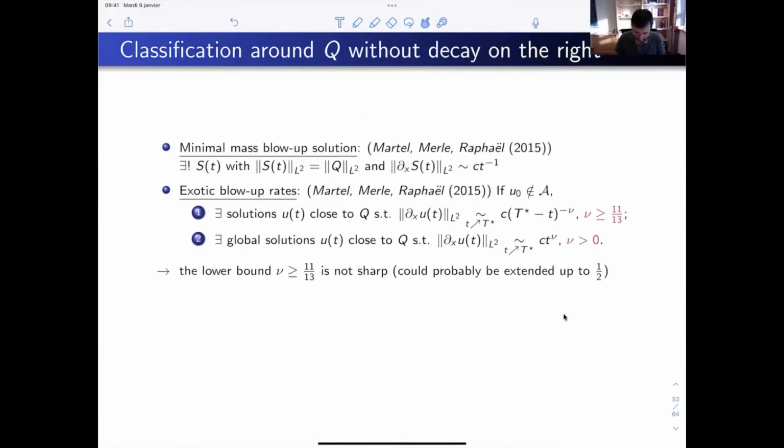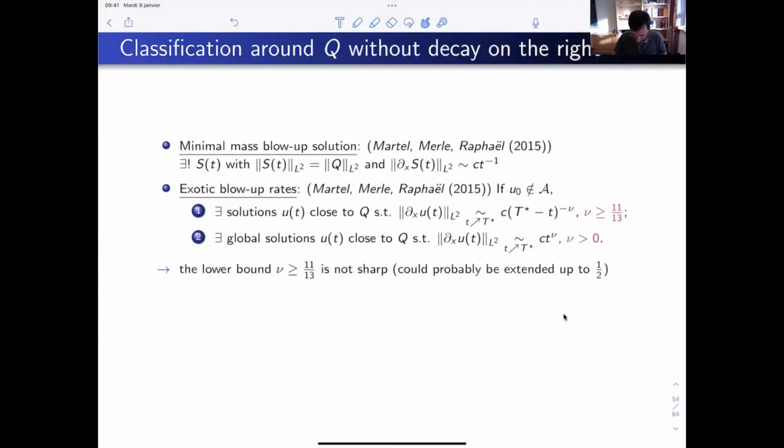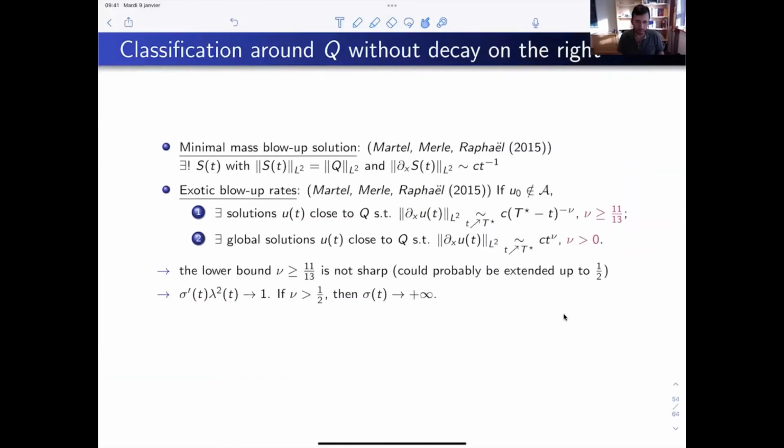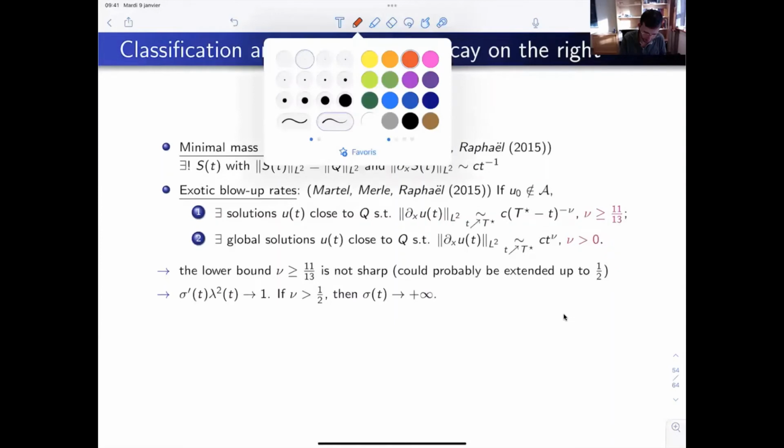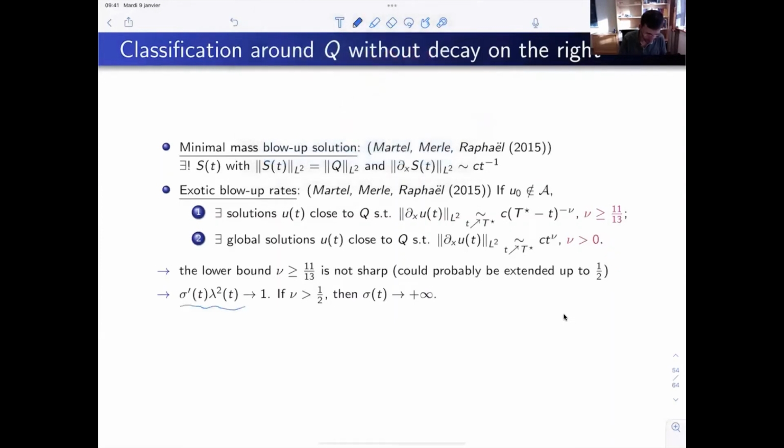And there is a comment here that the lower bound 11 over 13 is probably not sharp. What we conjecture with Yvan is that this could probably be extended up to 1/2. Why do we say 1/2? Because you remember that sigma prime T lambda 2 T goes to 1, which they prove in one of the earlier papers.